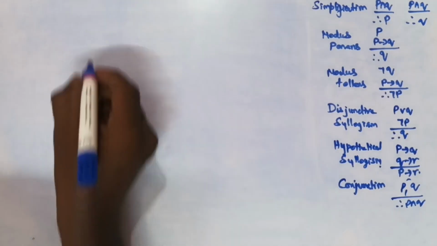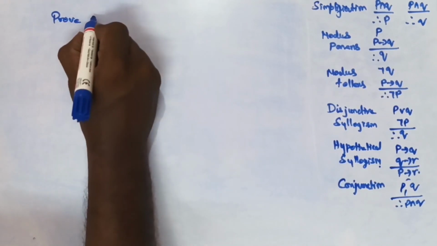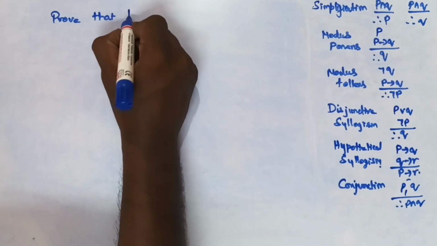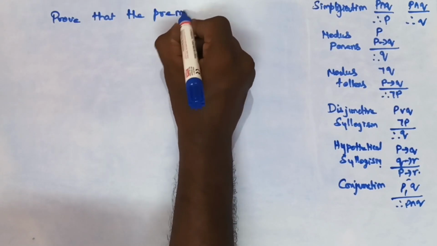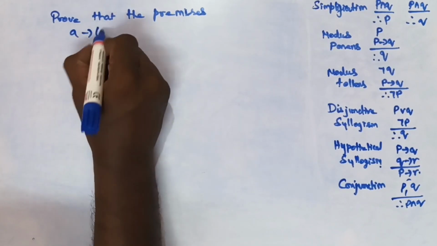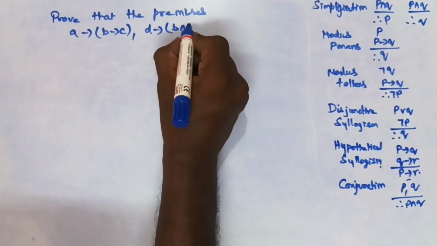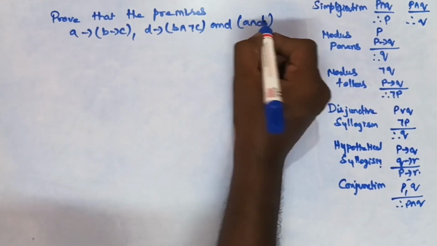Inconsistent method. So that is going to be: prove that the premises A condition B condition C, comma, D condition B and not C, and A and D are inconsistent.